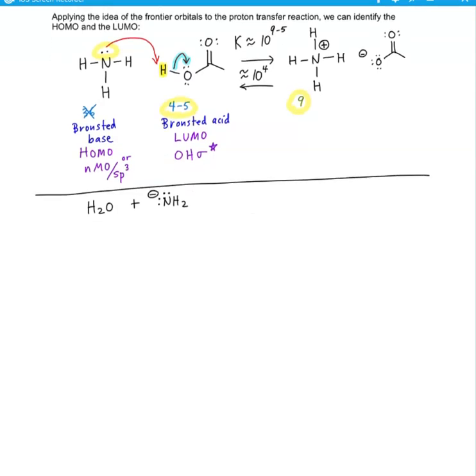So let me just redraw the mechanism quickly so we don't have to flip back to that page. So it looks something like this. And so again, the one that is supplying the electrons to the other one is the base. And it's the base that would be using its HOMO.